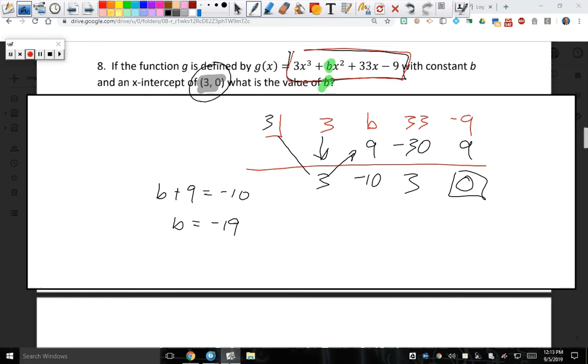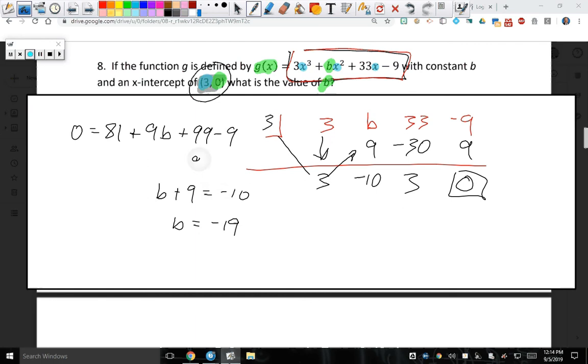The other way to do it would be to plug in 3 where x is. You with me? So I'm going to plug in 3 right here, here, here. Where am I going to plug in the 0? Y. So it'll be 0 is equal to 81 plus 9b plus 99 minus 9.